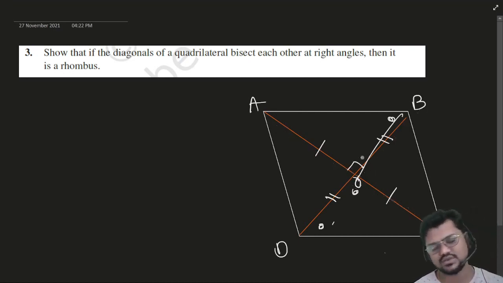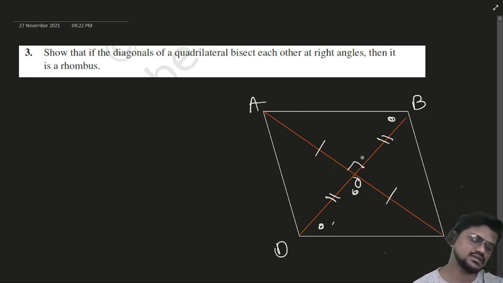Then again the two triangles are congruent by SAS test. This is a linear pair, so this angle plus this angle equals 180 degrees. Since these two angles are the same, 2x equals 180, and therefore x equals 90. Then we can prove that the diagonals of the rhombus bisect each other at right angles.